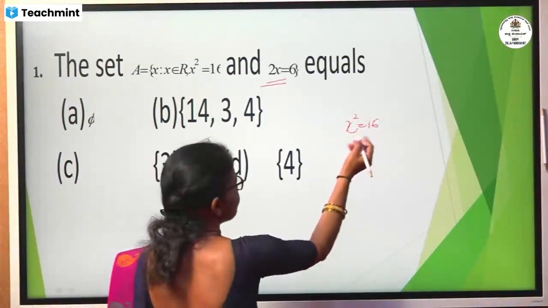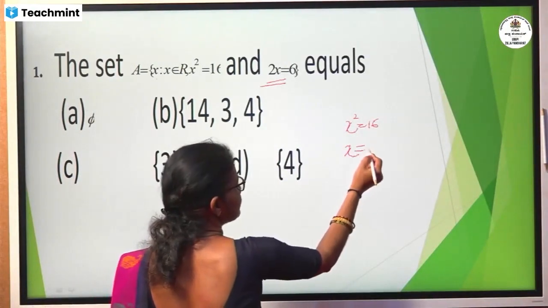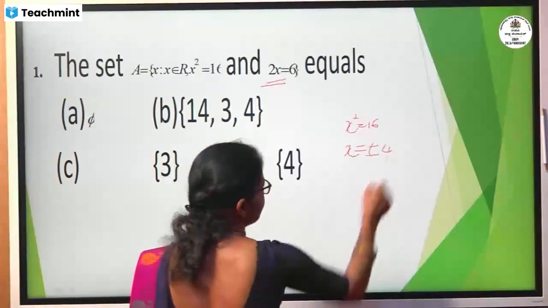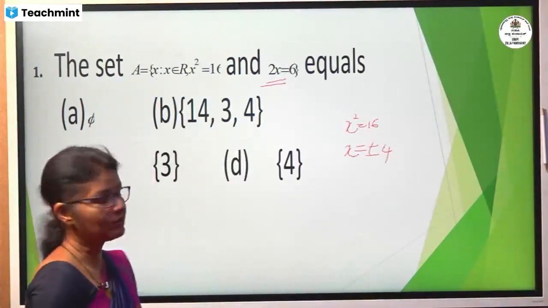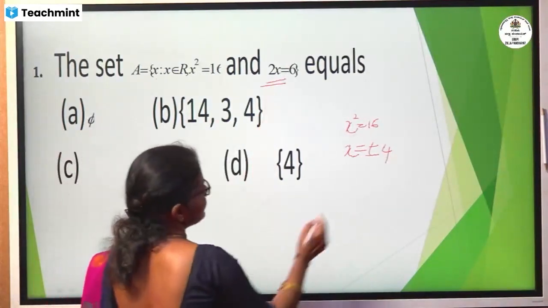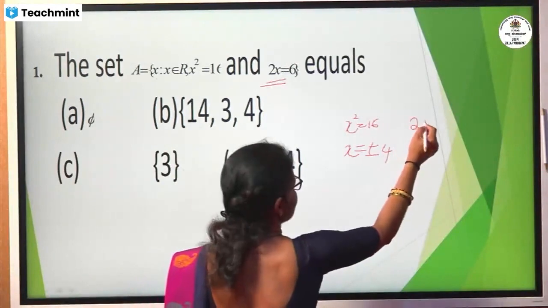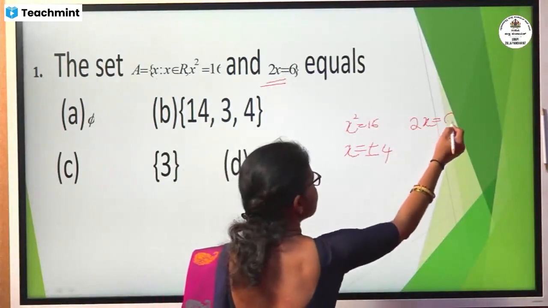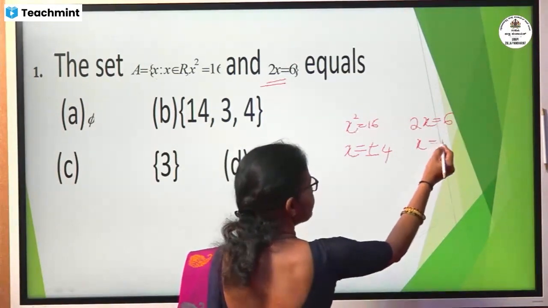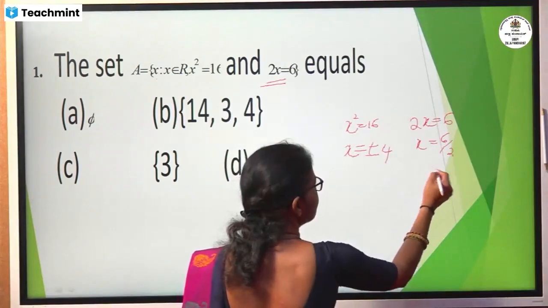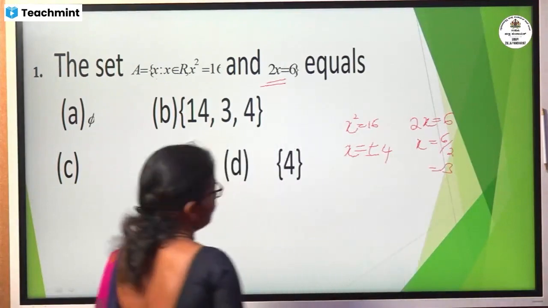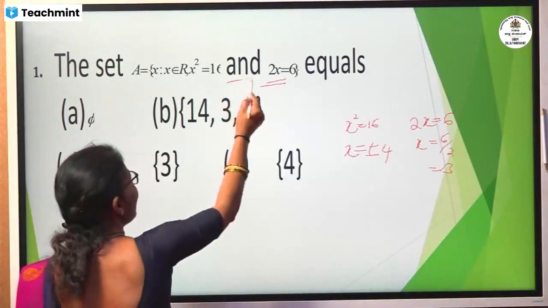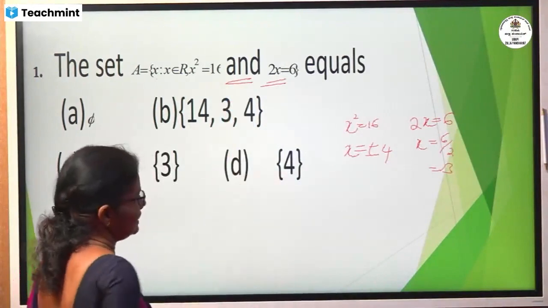If x square equal to 16, x is equal to plus or minus 4. Now consider the second condition, 2x equal to 6. So what is x? x is equal to 6 by 2, that is 3, right? Now, the word 'and' is used, which means both conditions must be satisfied.